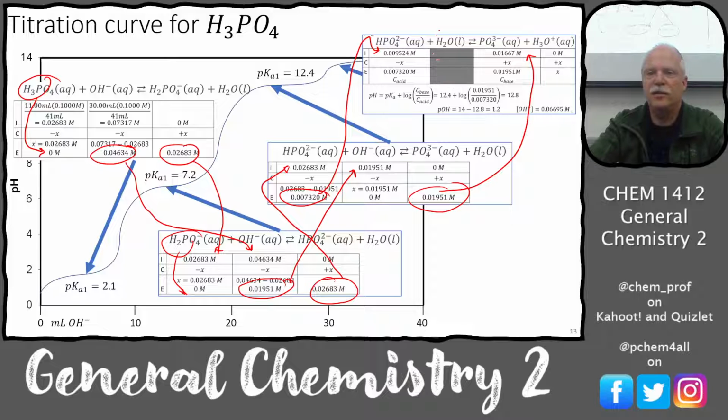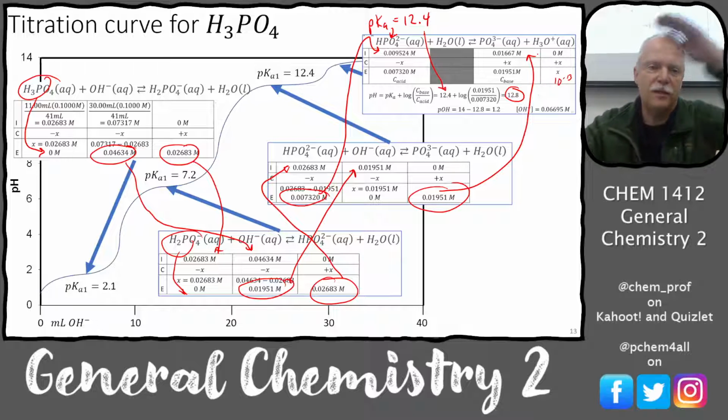And then we could use the Henderson-Hasselbalch equation now that we know which proton we're working with. We had the pKa for this one equal to 12.4. And so we could go right into the HH equation, put in our C base and acid, and get the pH. And then we could also calculate the hydronium ion concentration, and that was something like 10 to the minus 13.